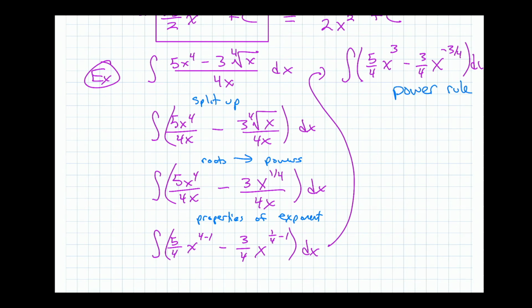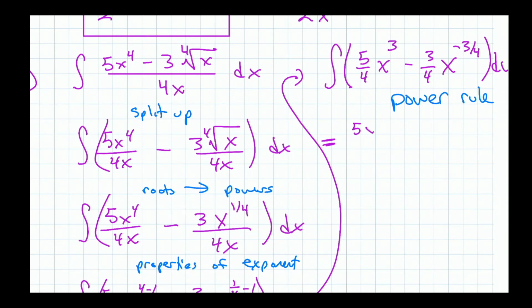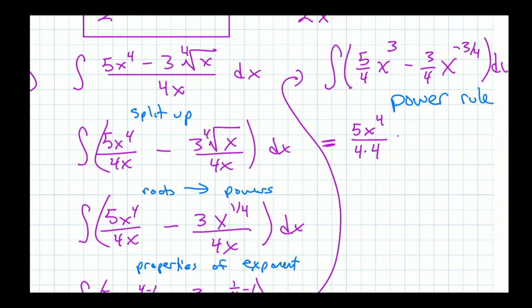So this is going to be the step where we don't have to write in the integral symbol anymore. So what do you do? You add 1 to the power, so 3 to 4, divide by the new power. There was already a 4 there, and we're going to add another 4. All right, for the other one, negative 3/4 times x to the negative 3/4 plus 1. I guess I'll do this in 2 steps because we have to write it a couple times anyway. Like that. There should be a plus c there.